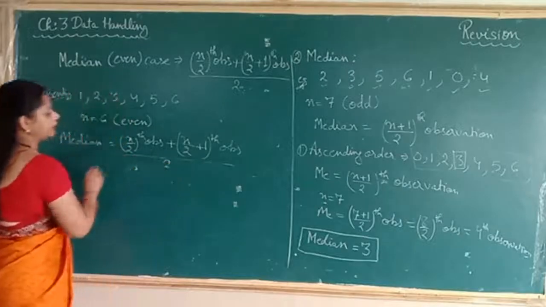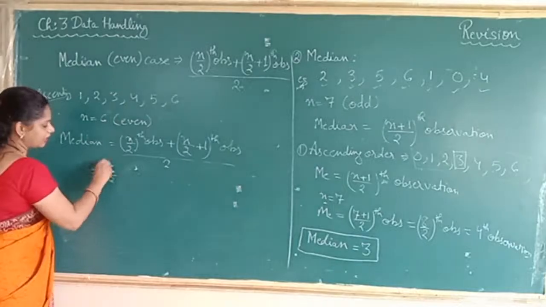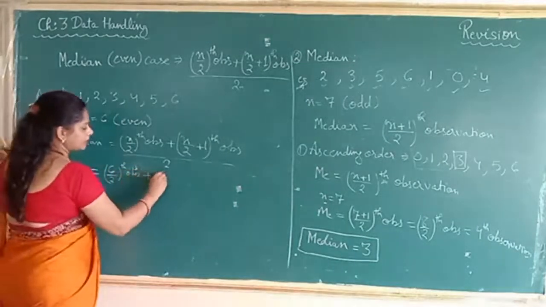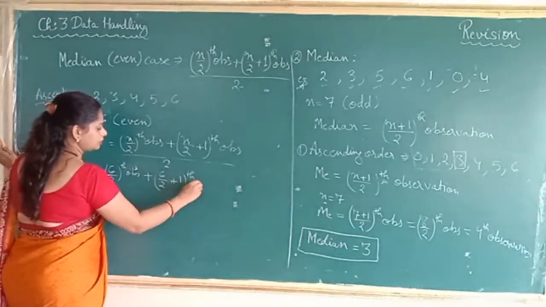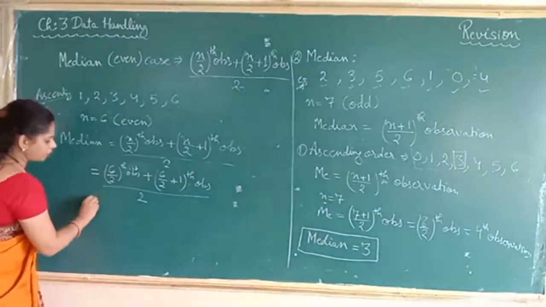Now we know n is 6 here, so 6 by 2th observation plus 6 by 2 plus 1th observation, divided by 2. Here 6 by 2 means third.